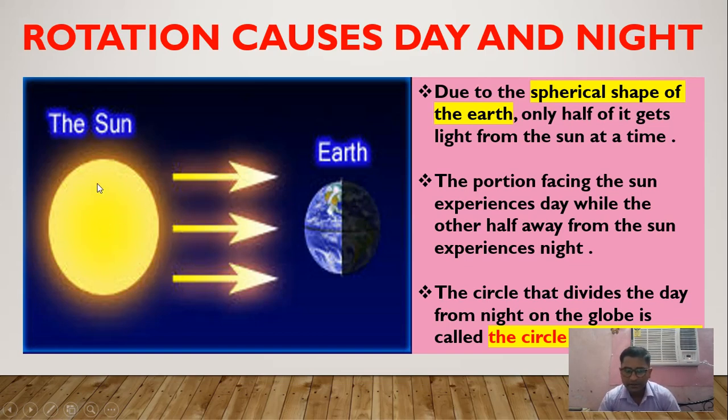And अब देखिए, sun is like a star, as you all know. सun की जो light वाली rays होती हैं directly falling on the earth. So sun rays are falling on the earth.